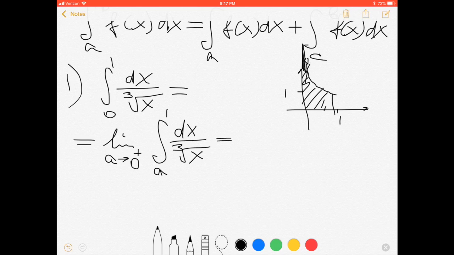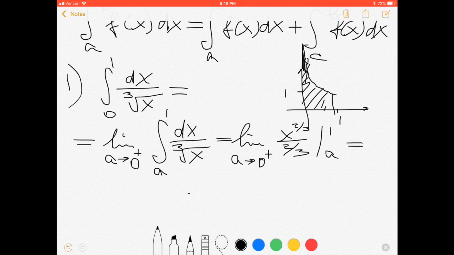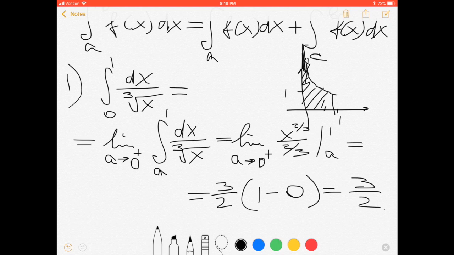This means I have the limit of x to the 2/3 over 2/3, and I need to plug in a and 1, with a approaching 0 plus. Great. This means 3 halves. If you plug in 1, you have 1. If you plug in 0, you have exactly 0. This means the answer is 3 halves.